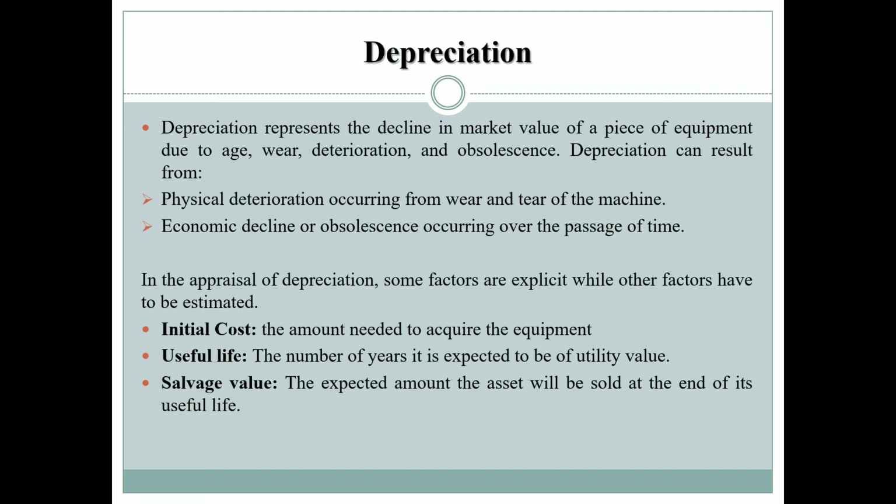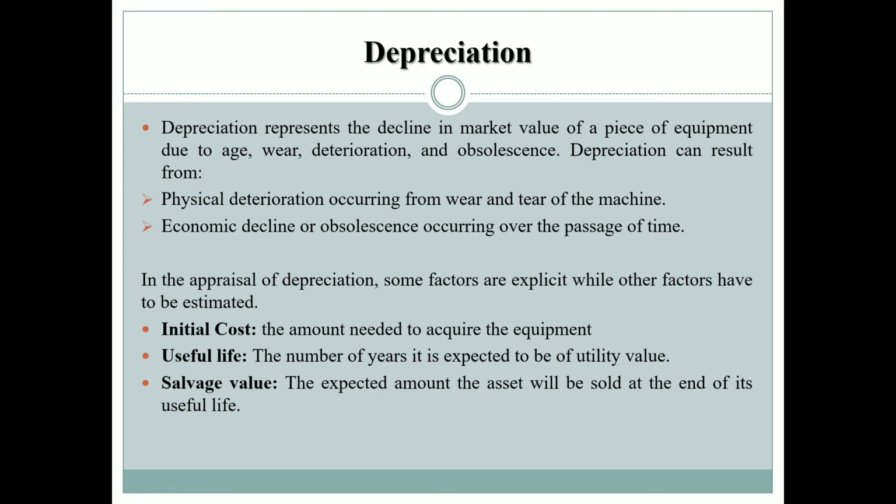So if you want to sell that equipment today, how much amount can I get for it? For example, if I take a car worth 10 lakh rupees, salvage value is nothing but after some years, I'm selling this for some very minimum amount.